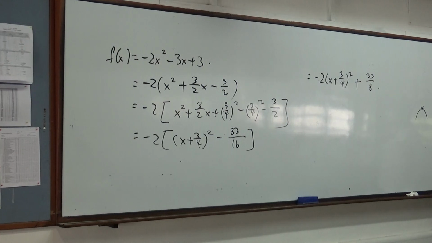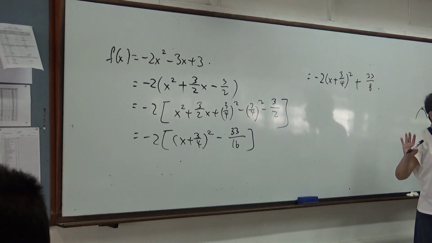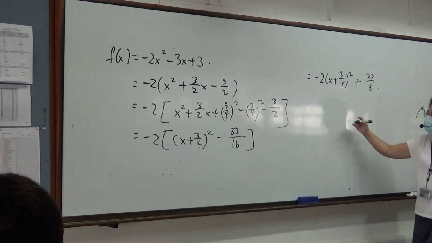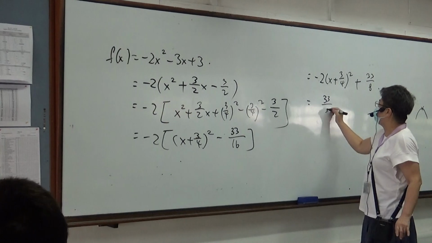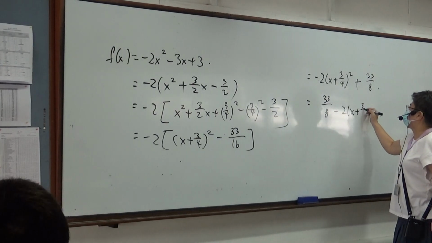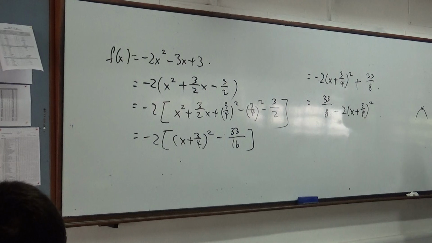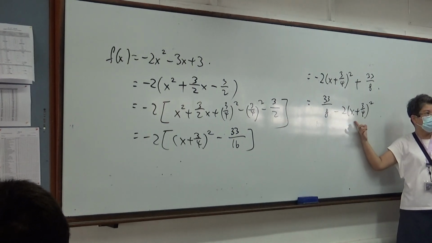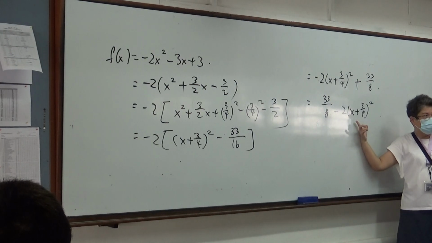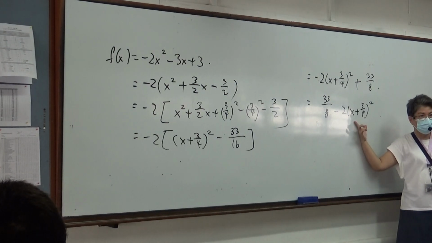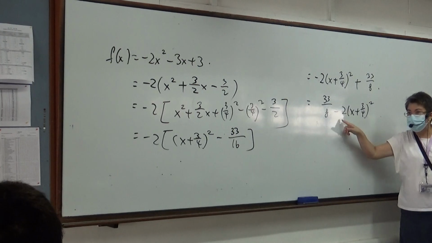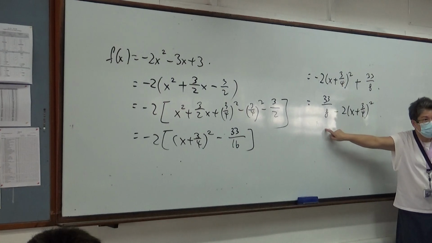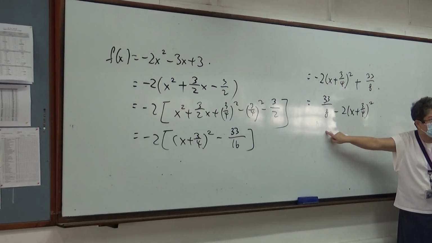Okay? Now, even if I don't draw this graph, I also know it's a maximum value. Now, can you see I can put this minus this? Also say right? Alright. Now, do you agree? Maximum value here.